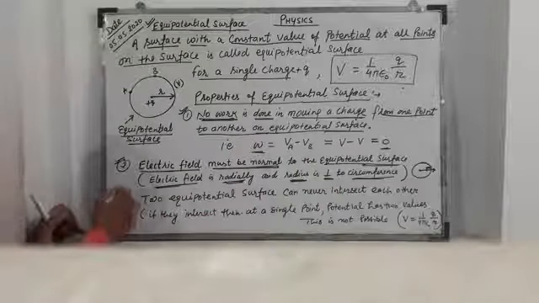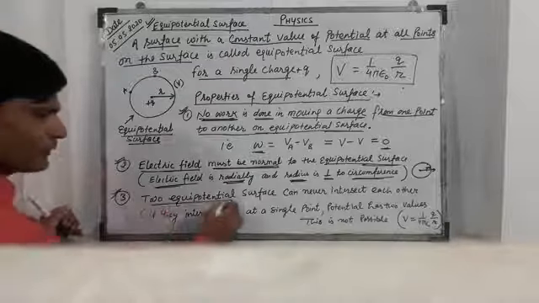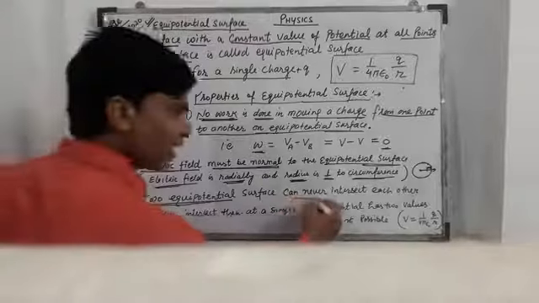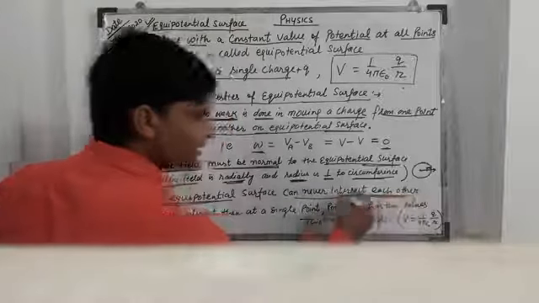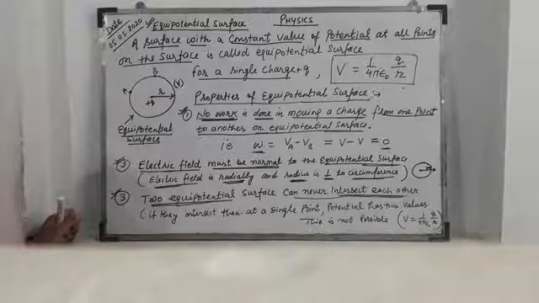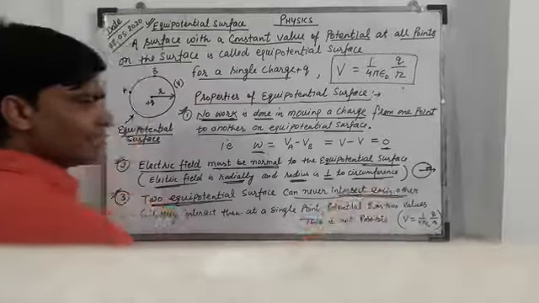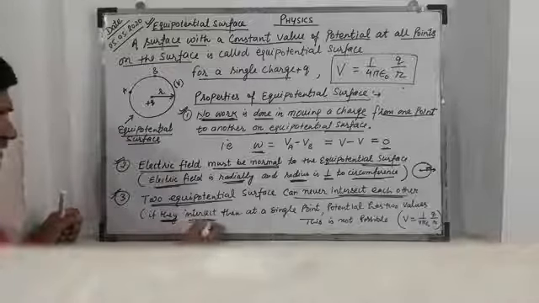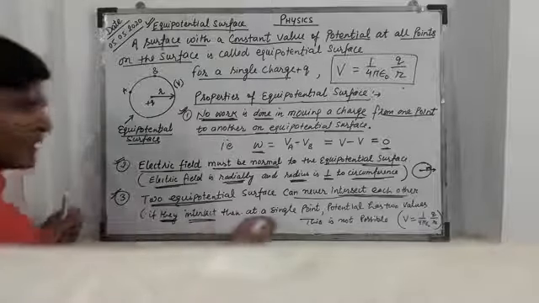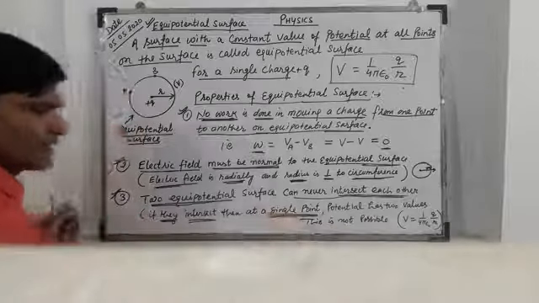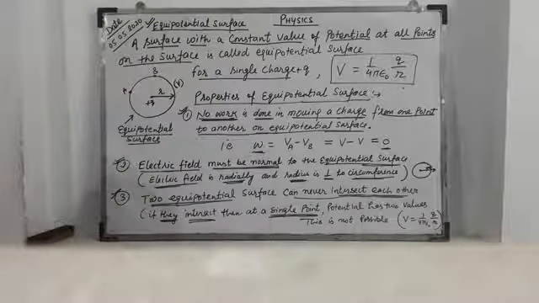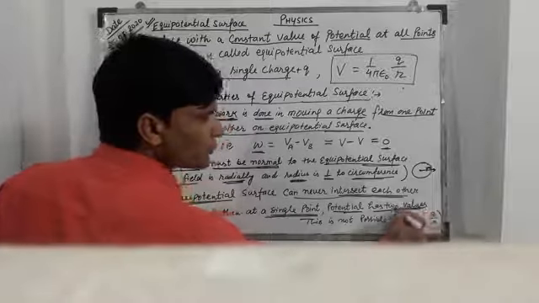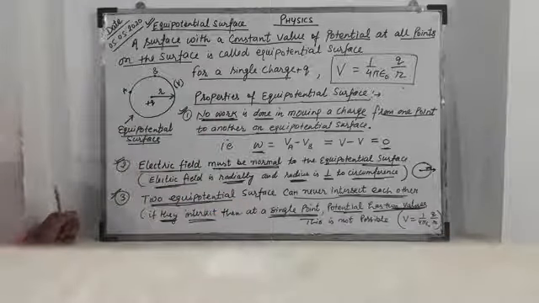The third property is that two equipotential surfaces can never intersect each other, means they do not intersect. This is because if they intersect, then at a single point potential has two values.